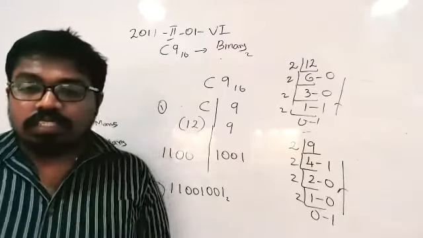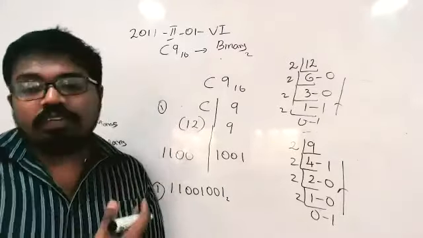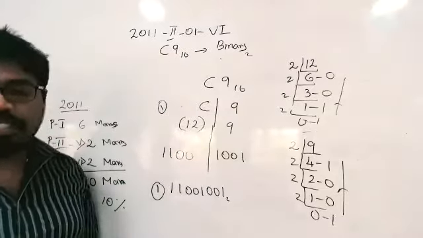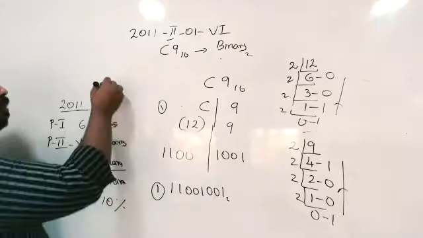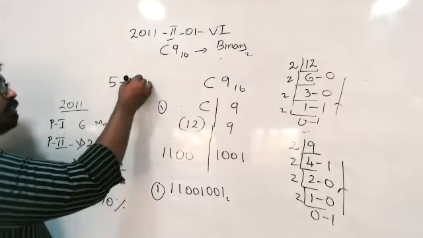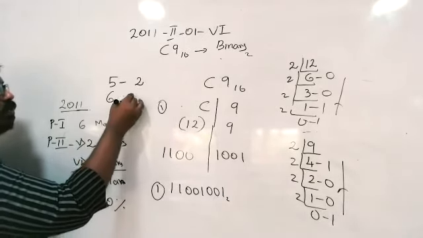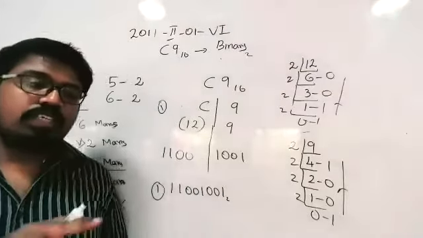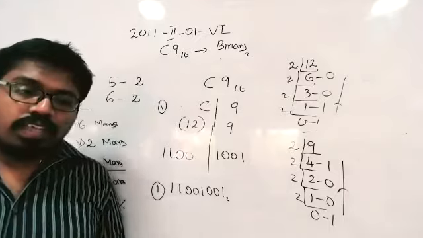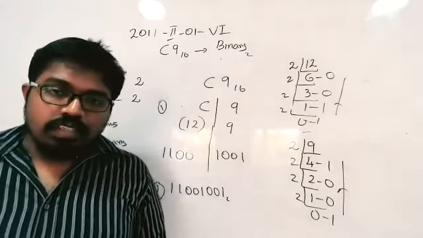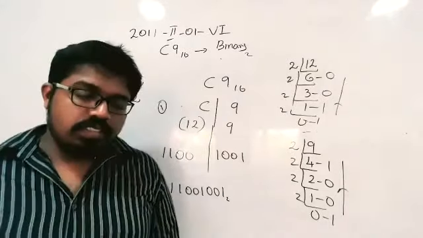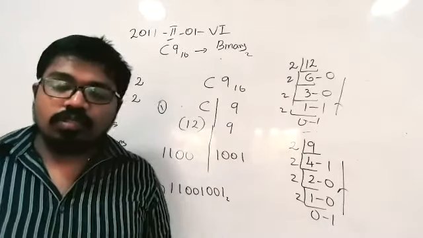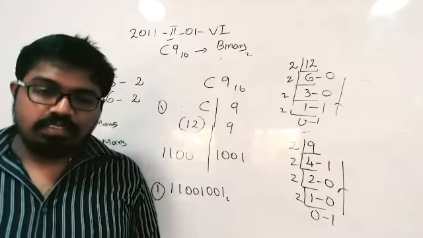In 2010 and 2011, today we discussed the 2010 past paper questions, part 1 5 questions, part 2 2 parts, and 2011 6 MCQs and 2 parts. So that's it for today. We already discussed 2 papers, 2010 and 2011. In the next class, we will discuss 2012 and 2013.